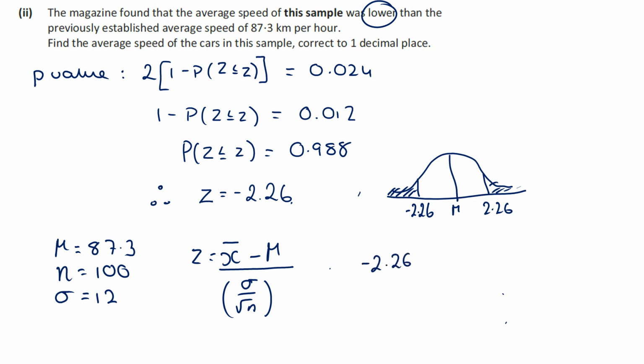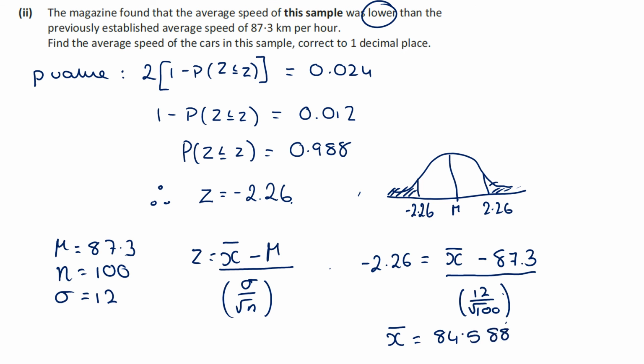Minus 2.26 is equal to x bar, that's the thing we don't know, minus 87.3 all over 12 over square root of 100. And when we work that out, x bar is 84.588, but they wanted it to one decimal place, so 84.6 kilometers per hour.